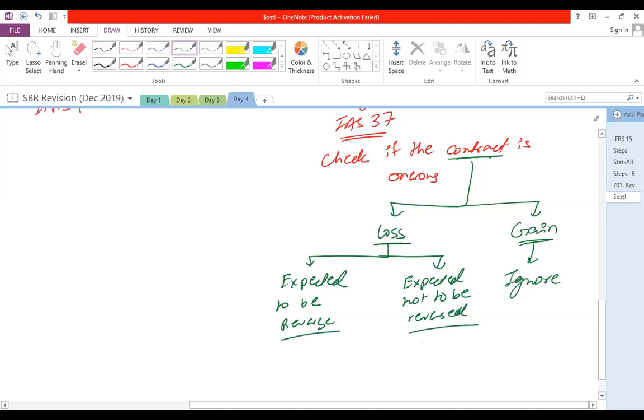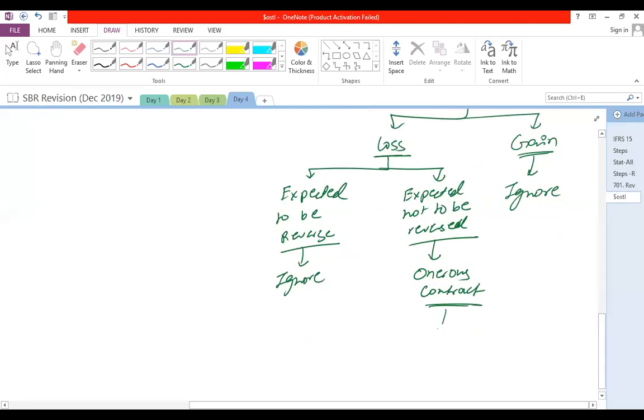If it's expected not to be reversed, then we are going to call this an onerous contract. And if we are expecting it to be reversed, then we should again ignore that. And if it's an onerous contract, we should be recognizing a provision for the loss.